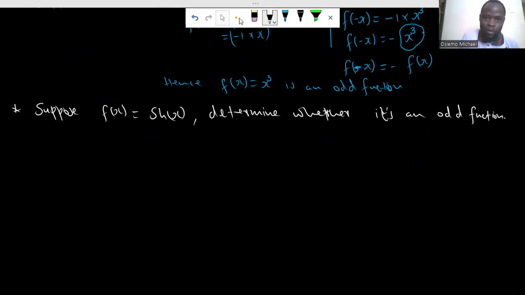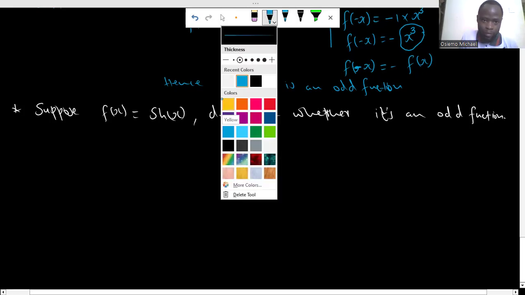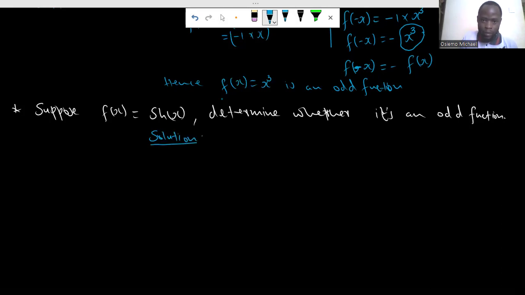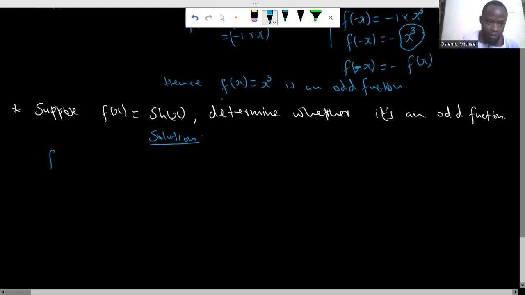So what do we do on the solution? We come to solution. In the solution first, we need to remember, what do we mean by odd function? An odd function must satisfy the property f at negative x is equals to negative f of x.